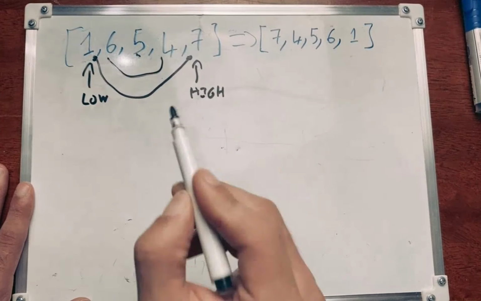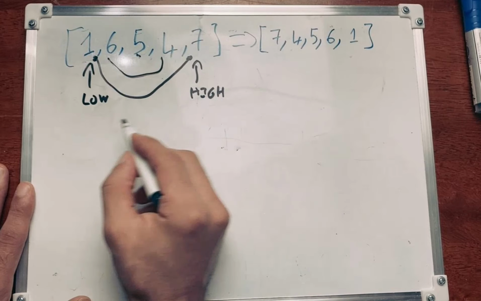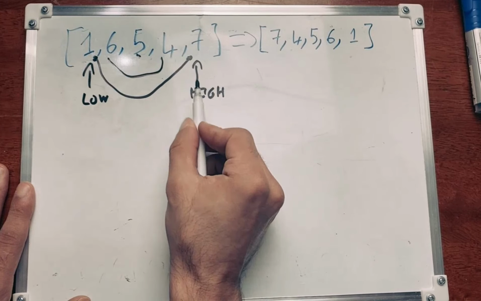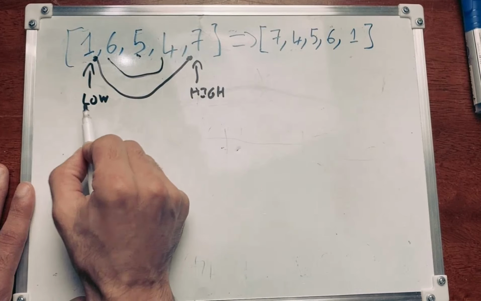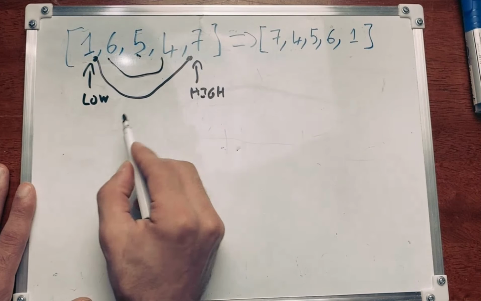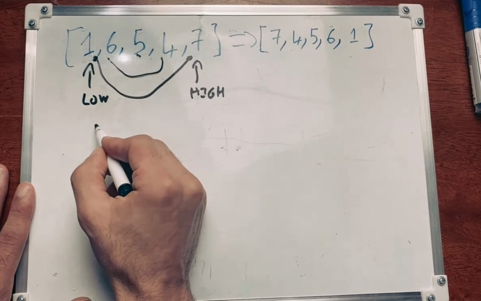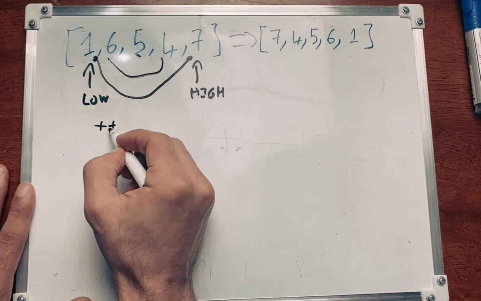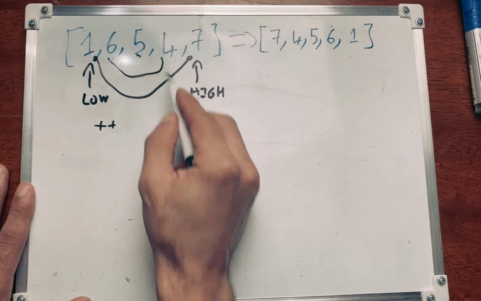To do so, we need two pointers like we see, and we have to swap at both ends, at the lowest and at the highest. After the swapping operation, we increase the low to get here and decrease the high to get here.